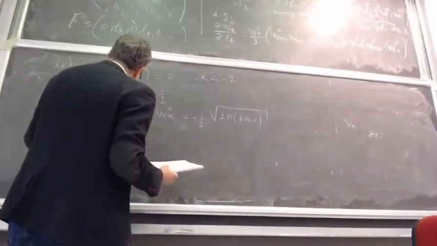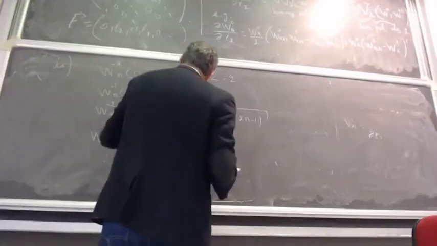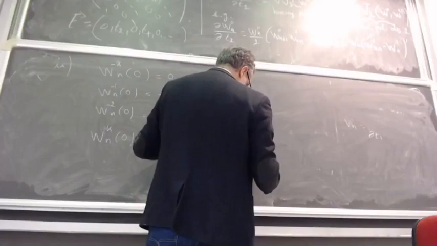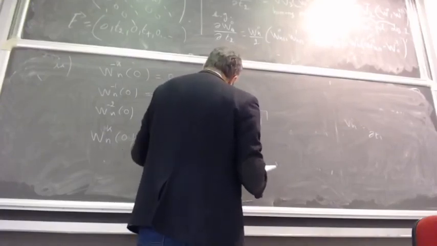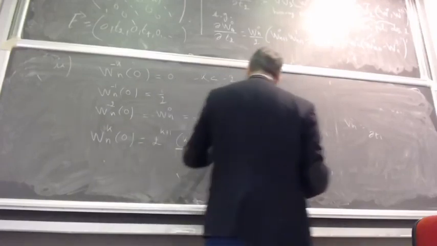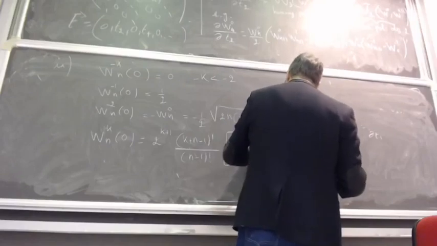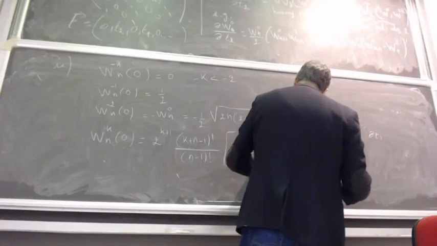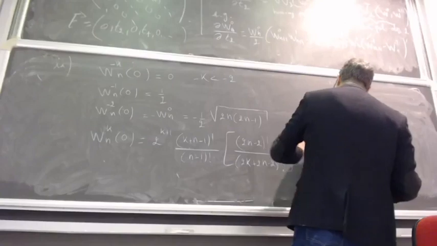And then we get Wkn 0 calculated explicitly. So 2 to the power k plus 1, k plus n minus 1 factorial divided by n minus 1 factorial times 2n minus 2 factorial divided by 2k plus 2n minus 2 factorial, to the power 1 over 2, for k greater than 0.